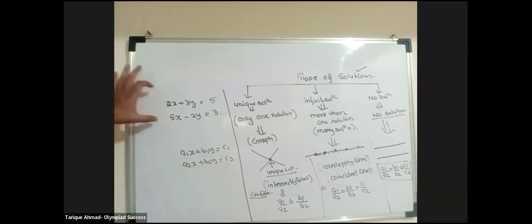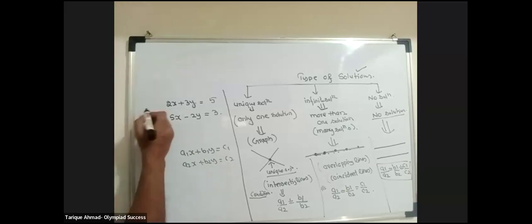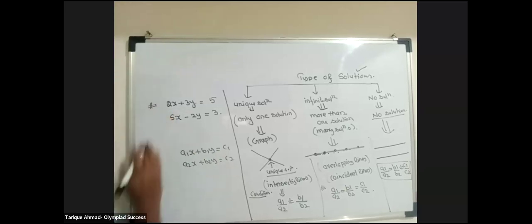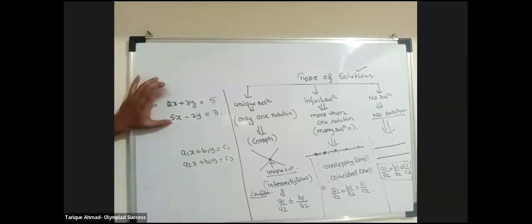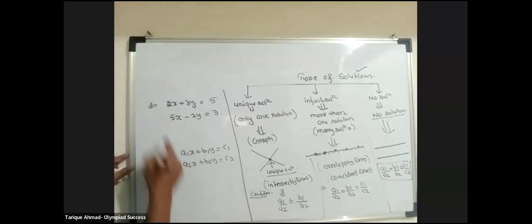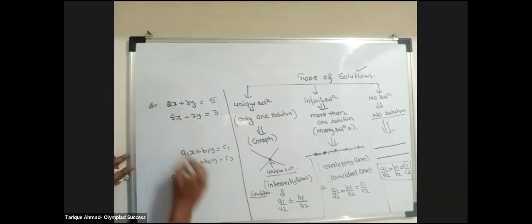Now, come to this particular question. What kind of solution will it give? Check it. Here A1 by A2 is 2 by 5, then B1 by B2 is 3 by minus 2.